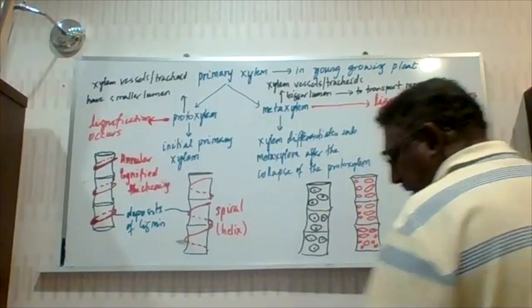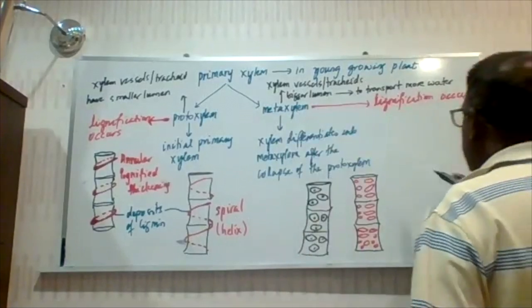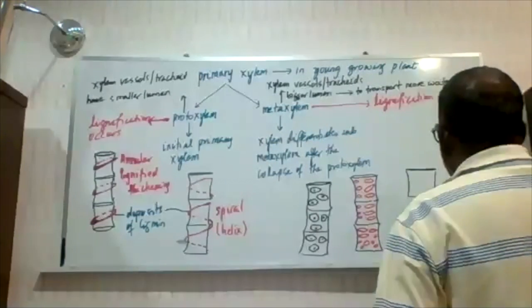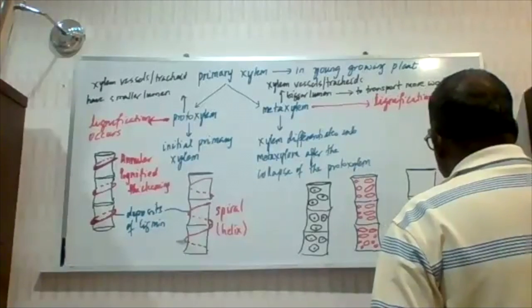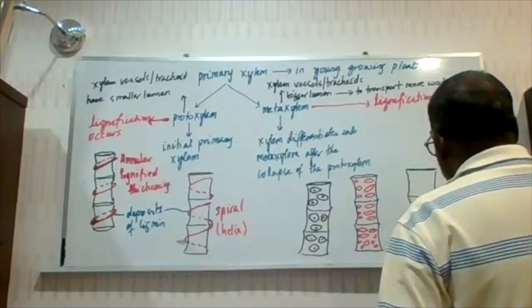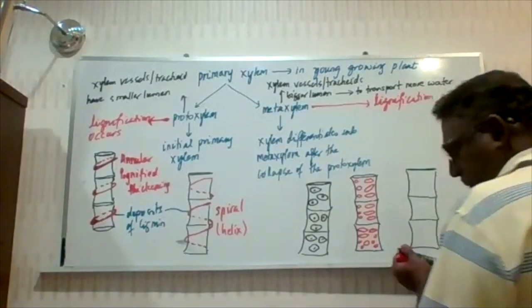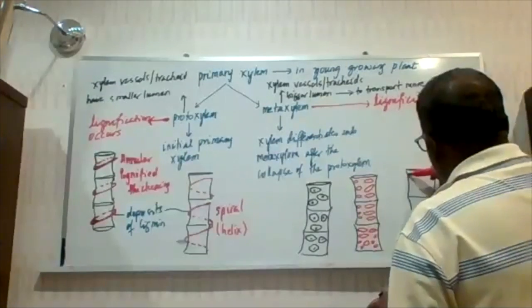And then the final type of lignification orientation is called reticulate. Something like this.